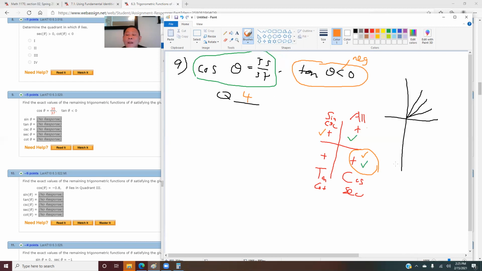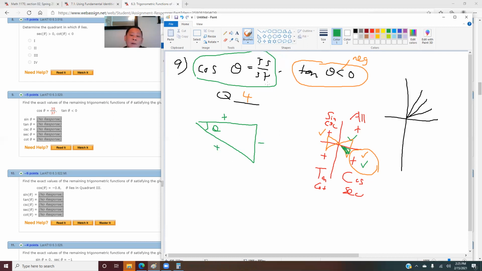And then in order for you to make a triangle, your triangle will look something like this. When you do quadrant 4, your triangle will look something like this, which is this. That means this value should be positive, this value is negative, and your hypotenuse is always positive.